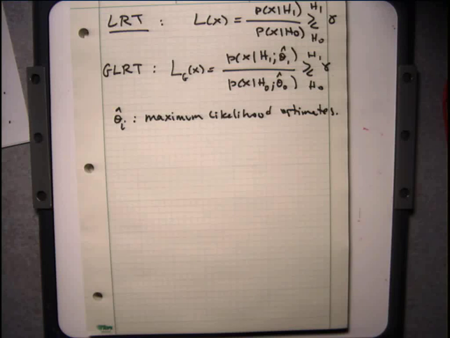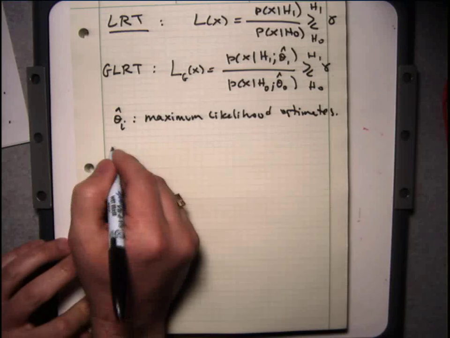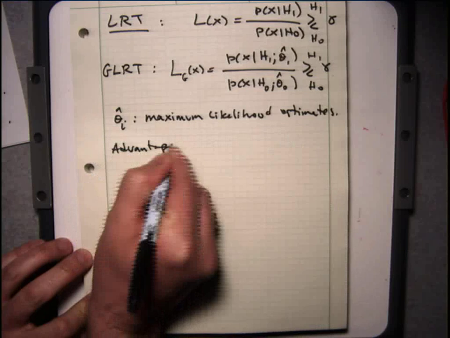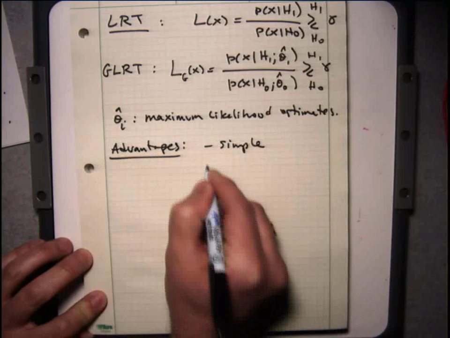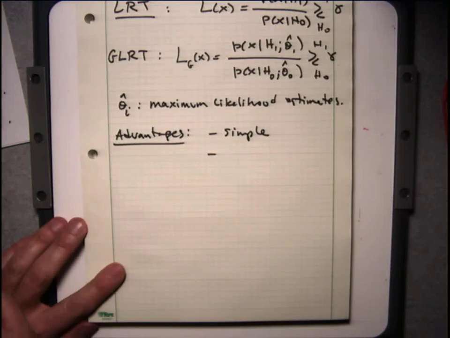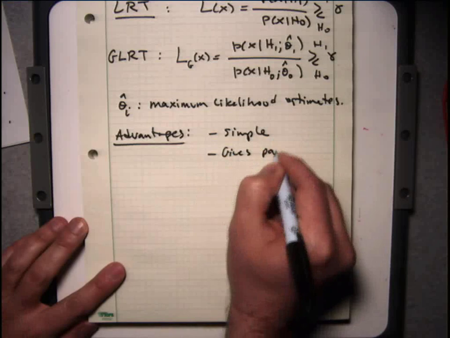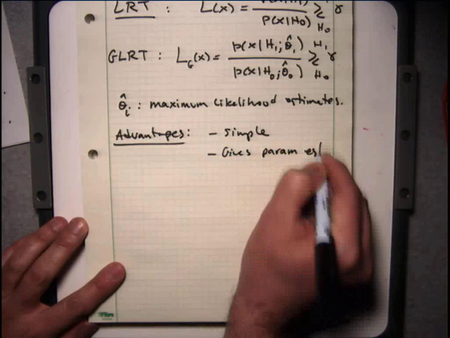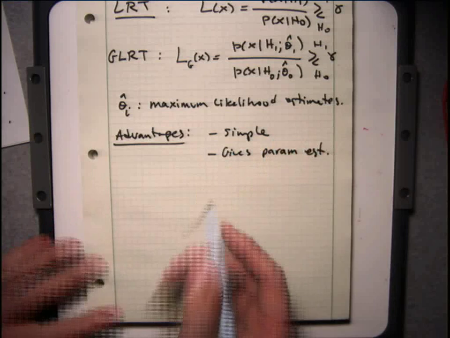So what are some of the advantages? Well, obviously it's simple. It's certainly simpler than doing a high-dimensional integral. You can also get the parameter estimate as a side benefit; maybe you want the value of theta hat in these two cases as well.